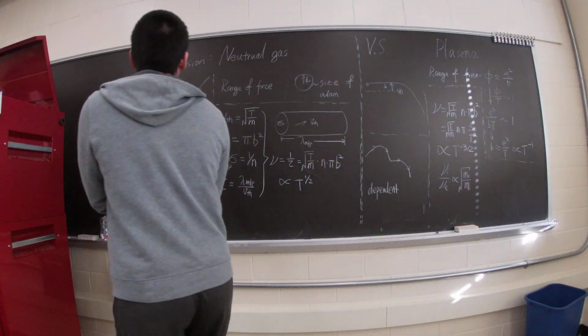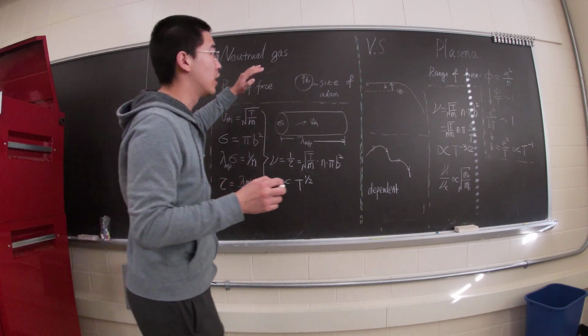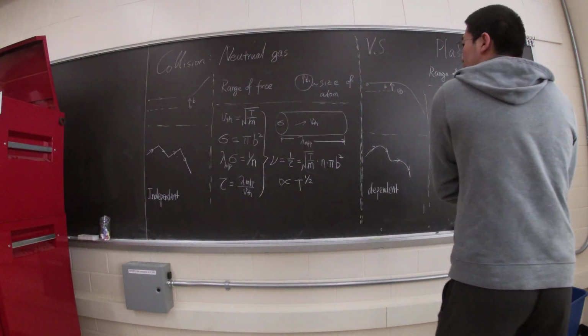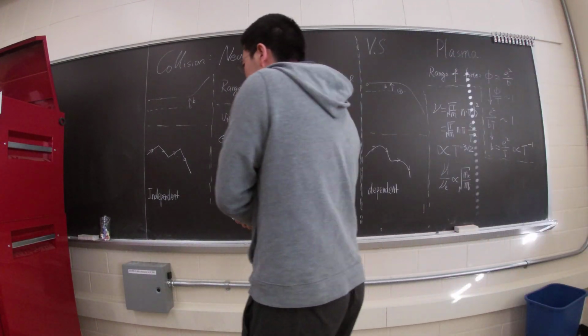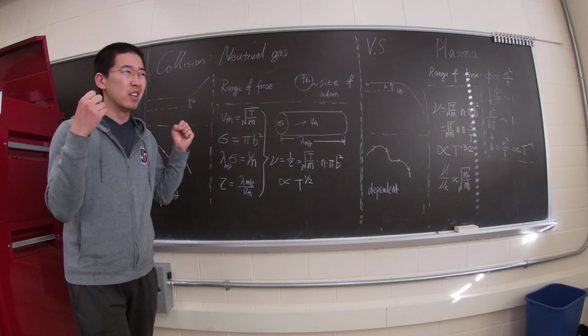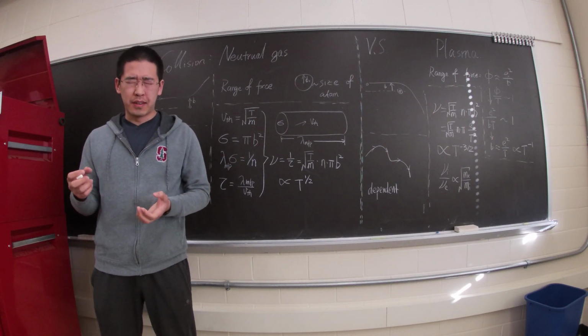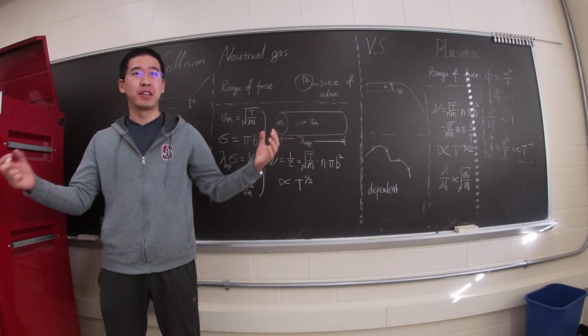Okay, let me talk about the collision, the comparison between neutral gas and plasma. The neutral gas, what I mean is pretty much like an ideal gas. You can think of it as elastic balls bouncing against each other.